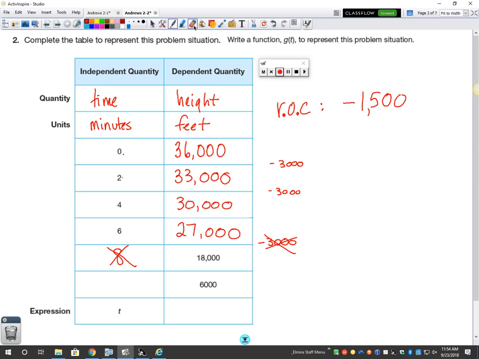In fact, that dropped by 9,000. So basically it dropped by 3,000 3 times. So if it dropped by 3,000 3 times, then this side is going to go up by 2s 3 times. So 8, 10, 12.